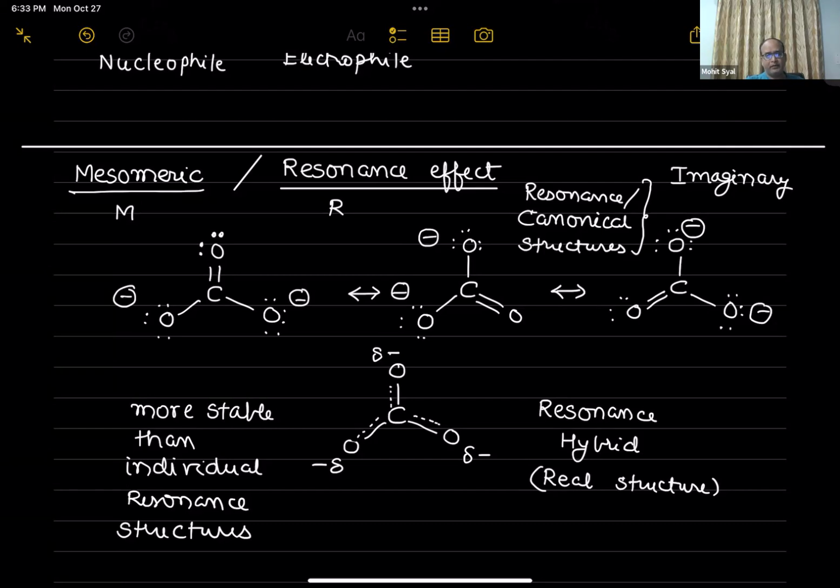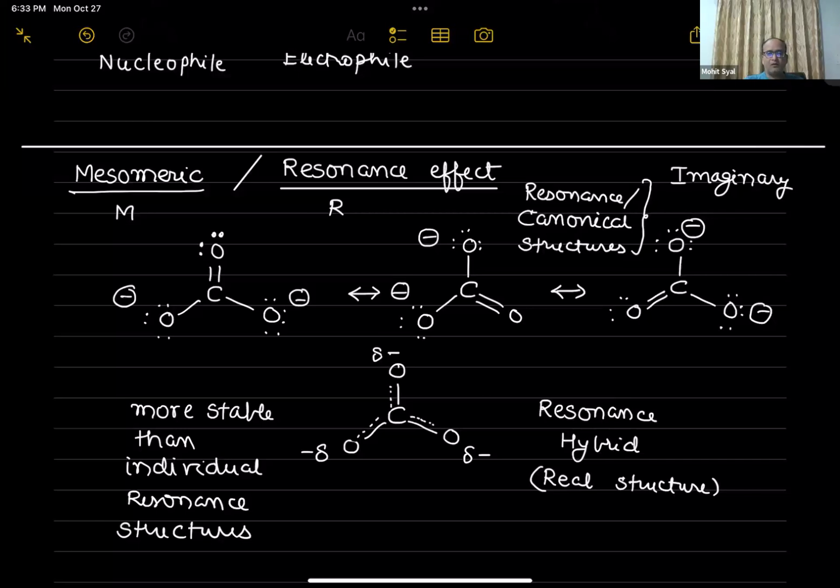Because the molecule adopts the average of all the structures, in which the electrons are better delocalized, better distributed. Got it?